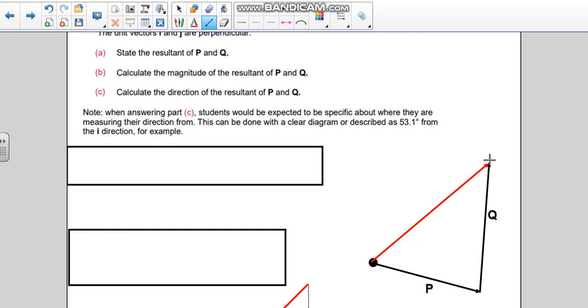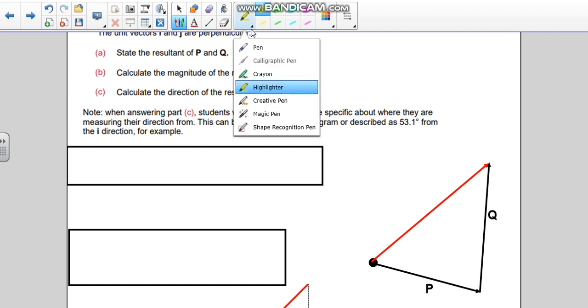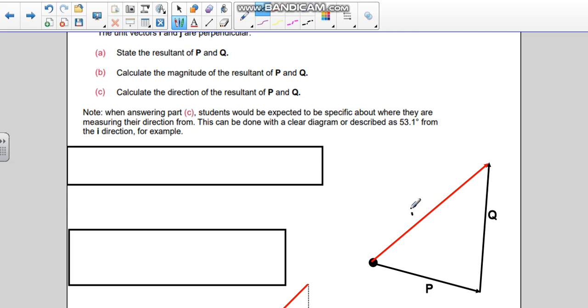So let's have a look at what this vector would be. We would call this vector P plus Q, because we've gone along this one and then that one.